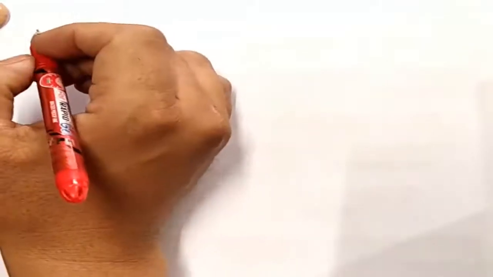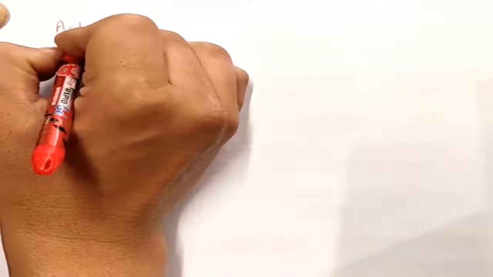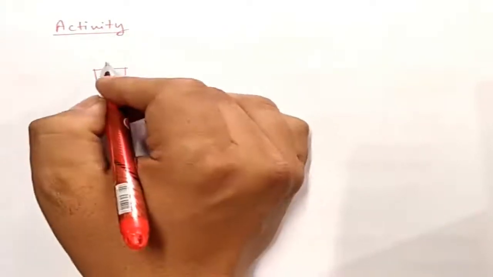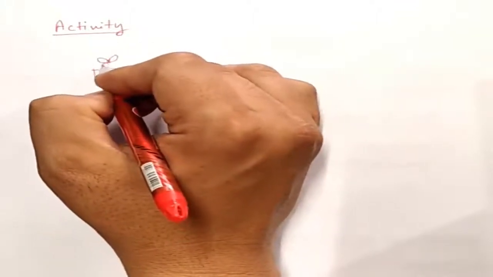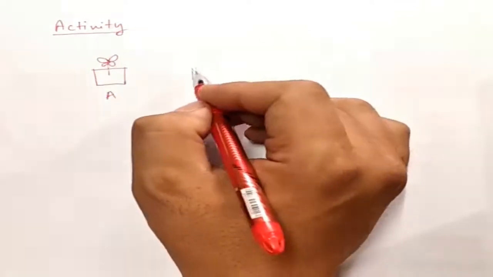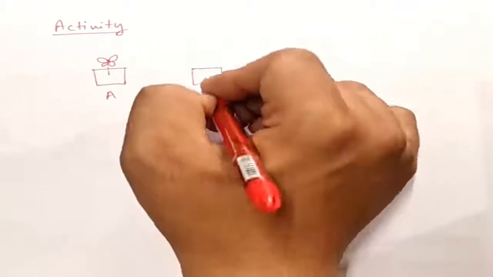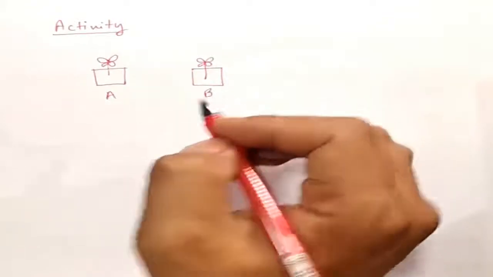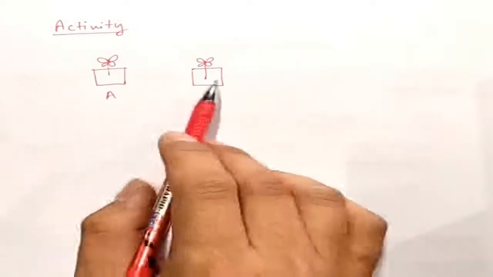Next, let's do one activity. Okay, in this activity, we are going to take two potted plants of the same kind. I will mark one as A, and the other will be marked as B. This should be of the same kind.